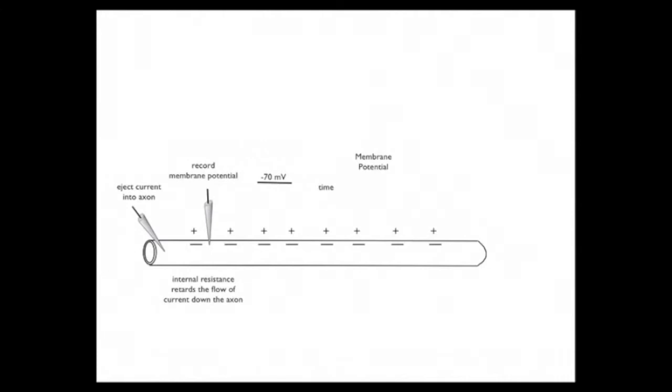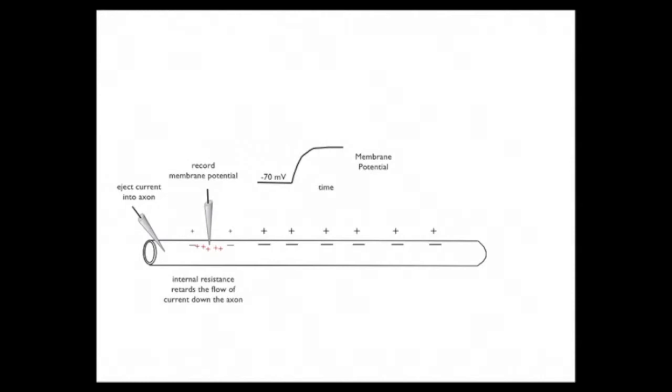So now what I'm going to do is I'm going to inject some current, and the current is going to go and change the charge across the capacitor. That is, it's going to change the membrane potential. But it's going to take time to change the membrane potential, as shown on the right. And the reason it takes time is because the internal resistance of the axoplasm retards the flow of current down the axon.